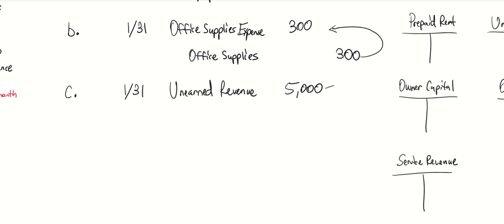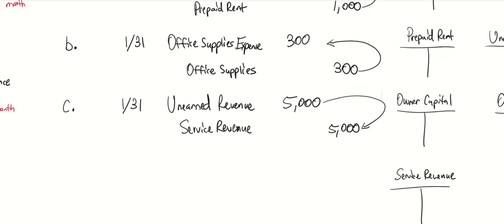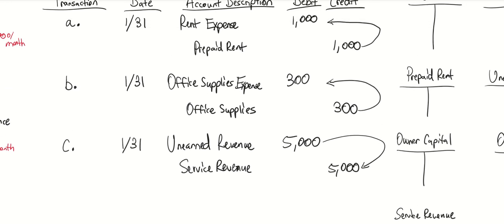Okay, and we're just going to move this amount to the actual revenue account called service revenue. So this is an actual revenue account, and it'll be for a credit for $5,000. So it's the opposite of the previous 2 entries here that's happening.